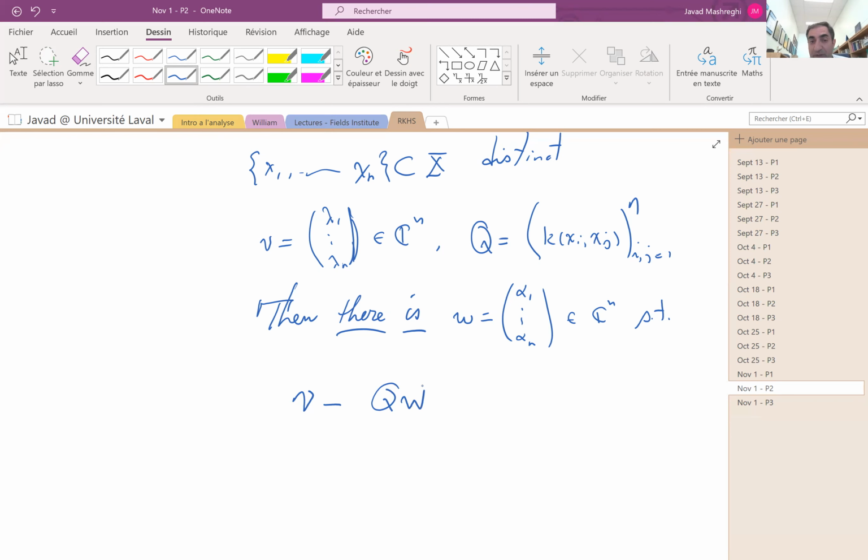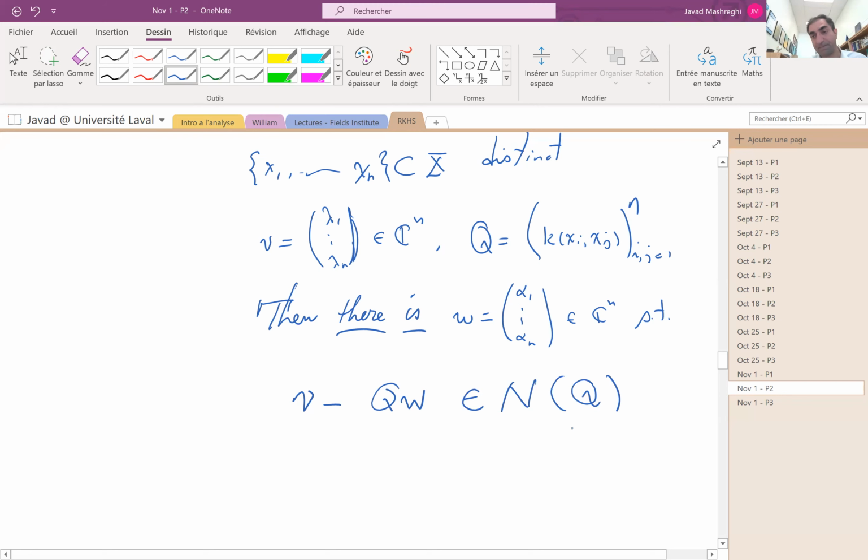It was a solution. But here, v minus Q alpha is not 0, but it's in the null space. In other words, I'll explain a little bit better. We decompose v as a projection on the null space of Q and the range of Q.